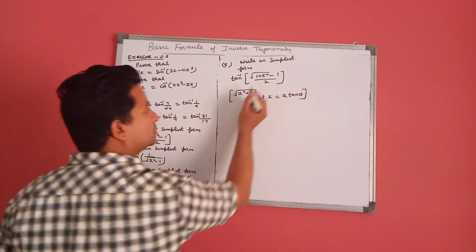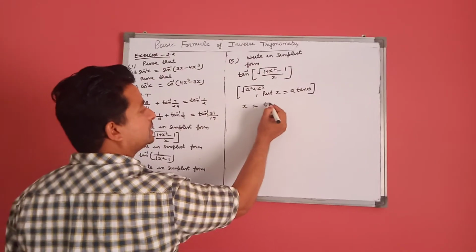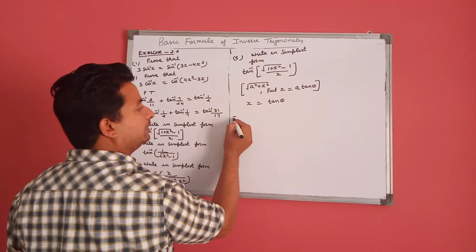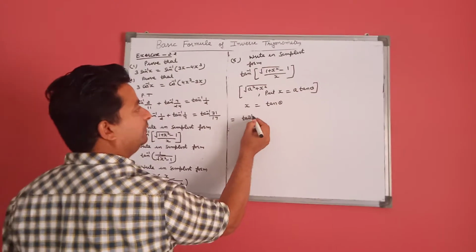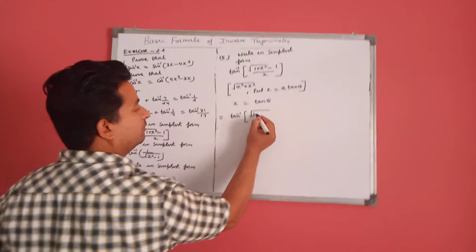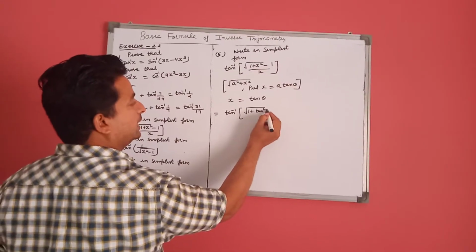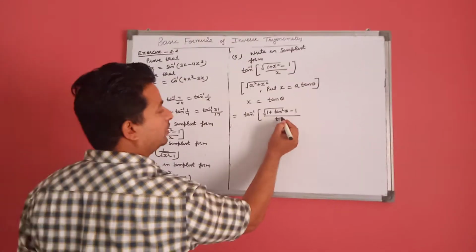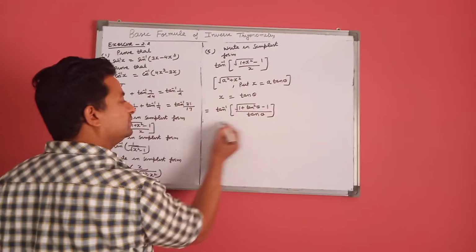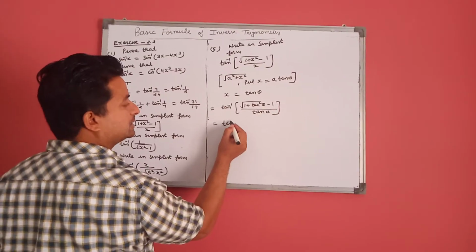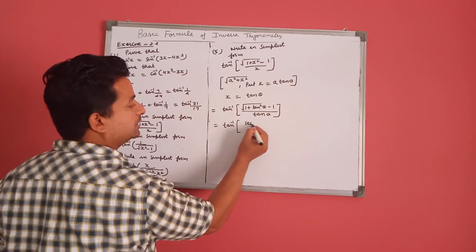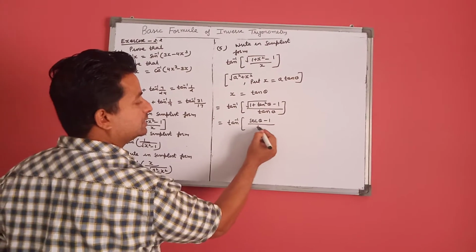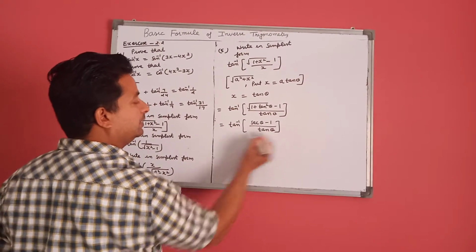So in this question we put x equal to a, which is 1, tan theta. Then we get tan inverse of root of 1 plus tan square theta minus 1 upon tan theta. As we know, 1 plus tan square theta is secant square theta. It becomes secant theta minus 1 over tan theta.